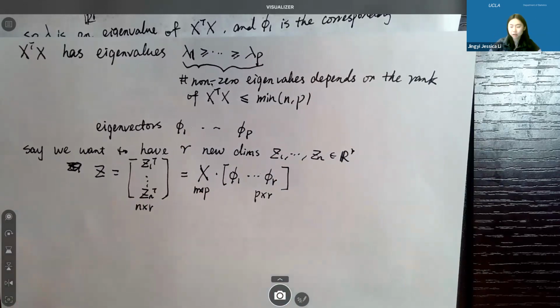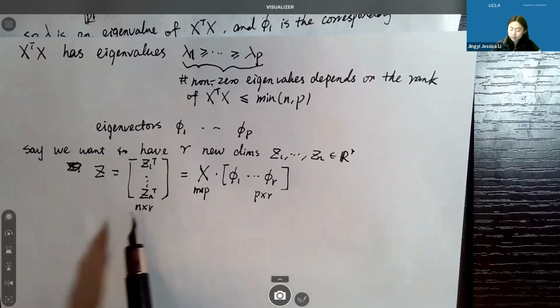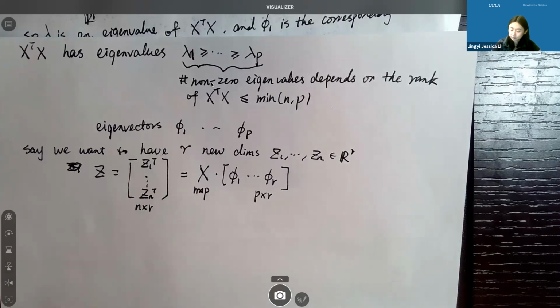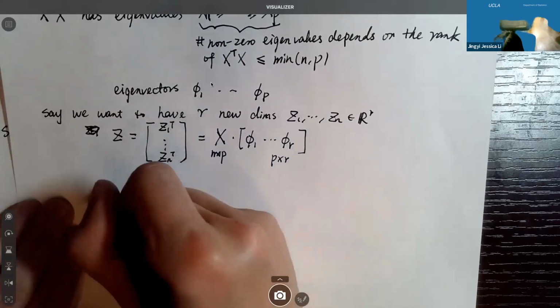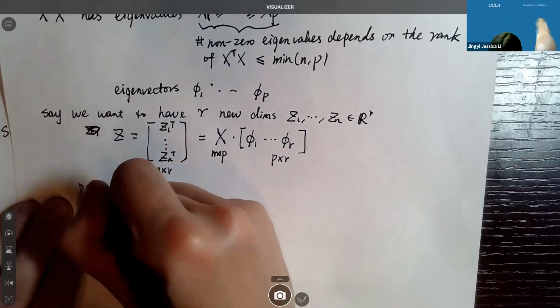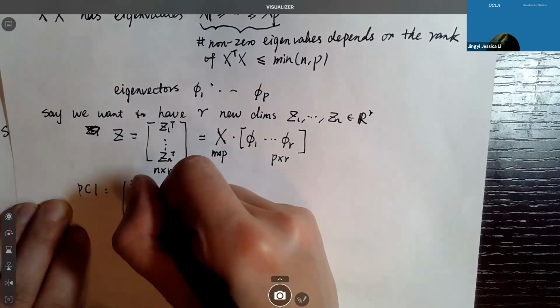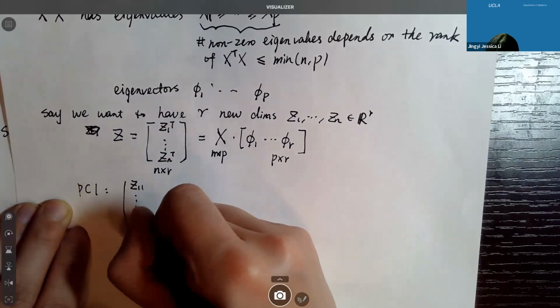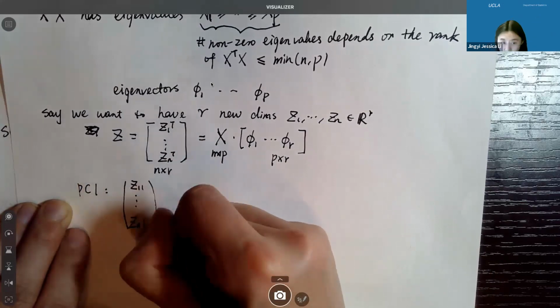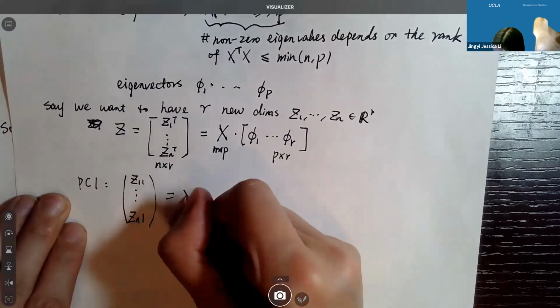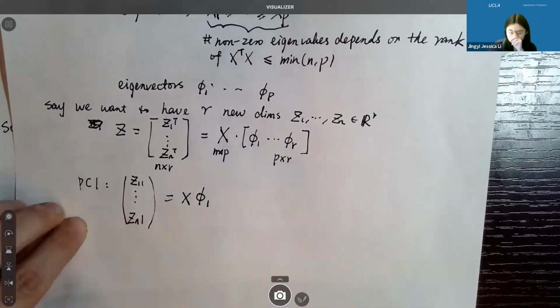You just keep the eigenvectors corresponding to the top R eigenvalues and line them up here, and that's what you get. In other words, this is our PC1. PC1 is just the vector Z11 to Zn1, which is equal to X times phi 1. That's PC1.